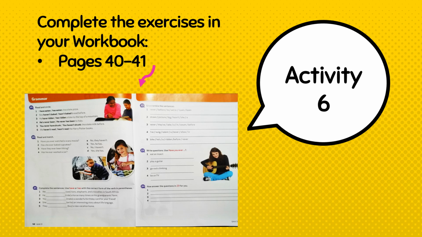In exercise 20, you have to match the questions with the answers. 21. You have to complete the sentences using have or has plus the past participle form of the verb in parentheses.